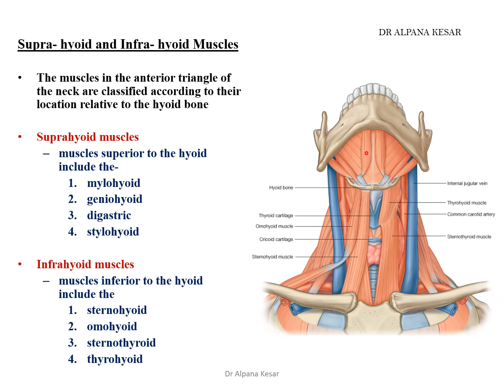Suprahyoid muscles are mylohyoid, geniohyoid, anterior and posterior bellies of digastric, and stylohyoid muscle. Infrahyoid muscles are sternohyoid, omohyoid, sternothyroid, and thyrohyoid.